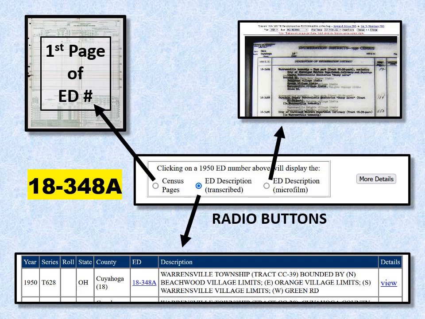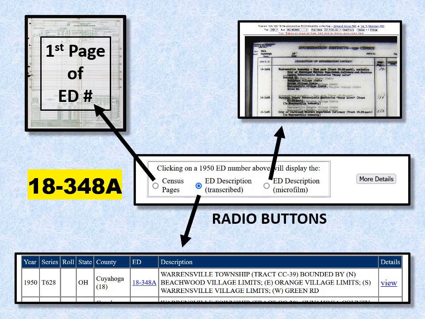So whenever we show you ED numbers, there will be these radio buttons. If you click or make the census pages active and then click on the ED number, you should be able to get to the first page of the ED once it opens up.